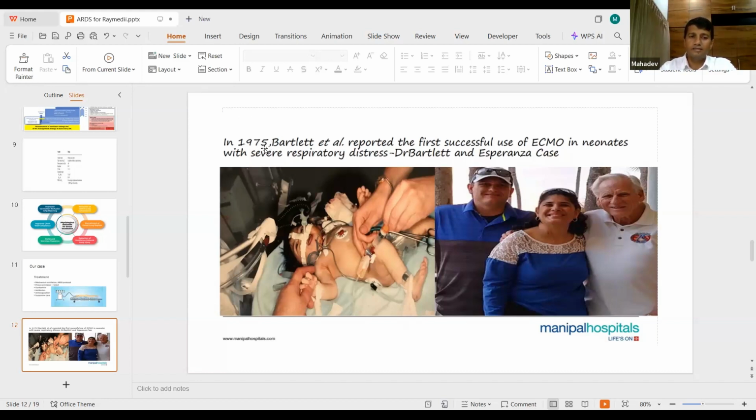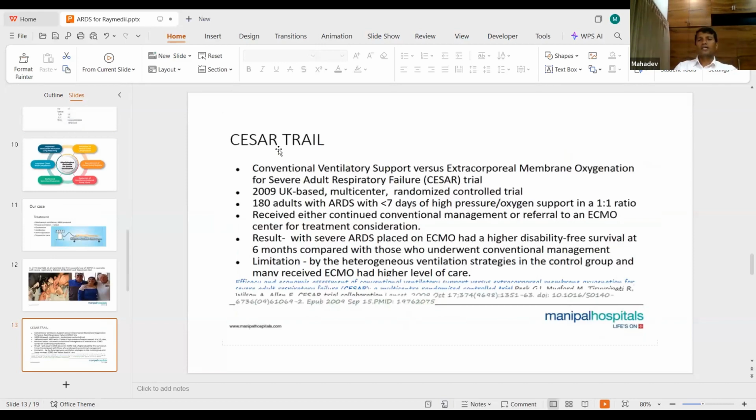This was started in 1975, but it was going on slowly in some centers, and it did not pick up pace until the CESAR trial came in 2009. This is a landmark trial, a UK-based multi-center randomized controlled trial. There were 180 adults with severe ARDS of less than 7 days with high pressures and oxygen requirement.